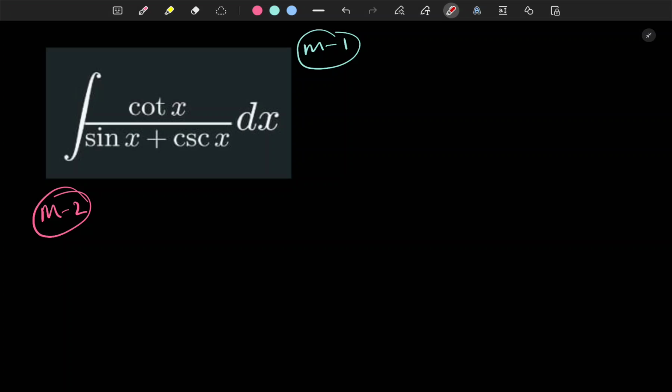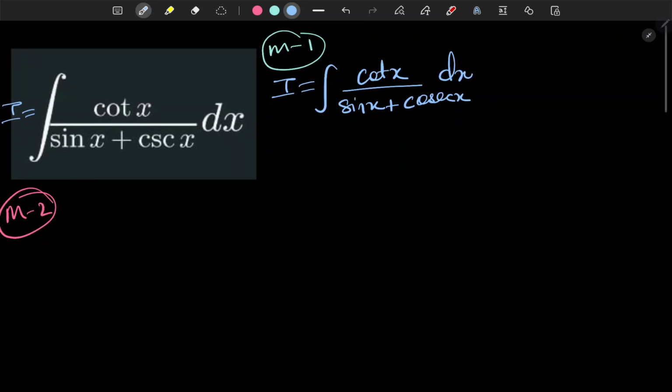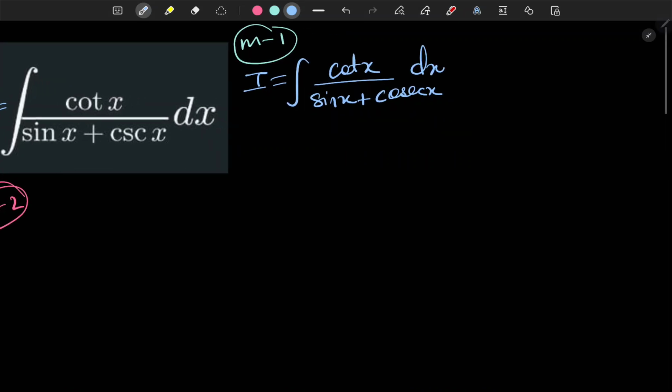Okay, so let's begin by solving this integral with method 1. Say I equals the integral of cotangent of x over sine of x plus cosecant of x, dx.